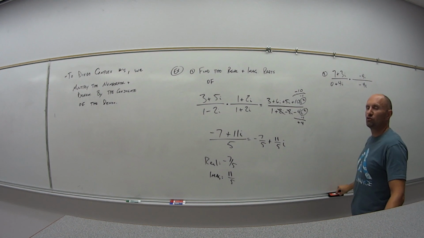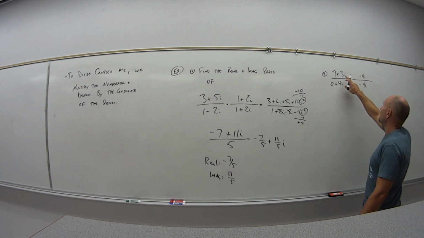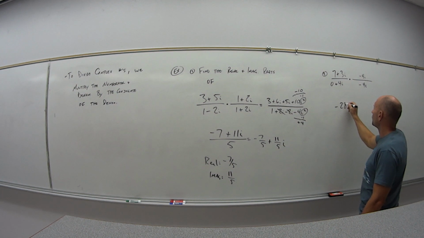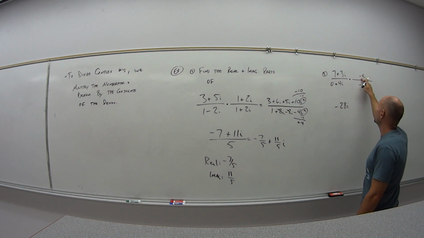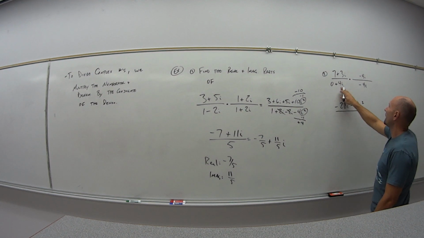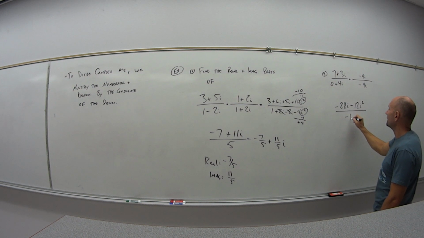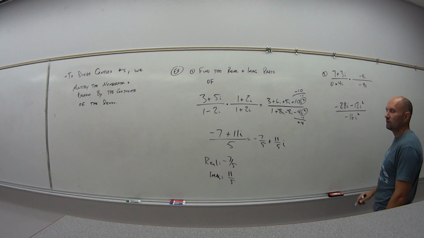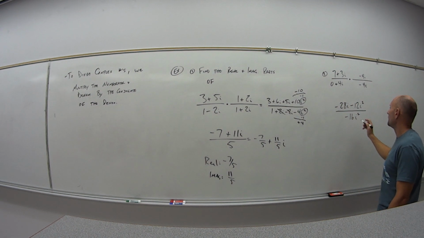But that's why we have just minus 4i. It's basically 0 minus the 4i. So if I multiply this, 7 times negative 4i is minus 28i. And 3i times negative 4i is minus 12i squared. In the bottom we have what? Plus 4i times minus 4i is negative 16i squared. So now what do we get?